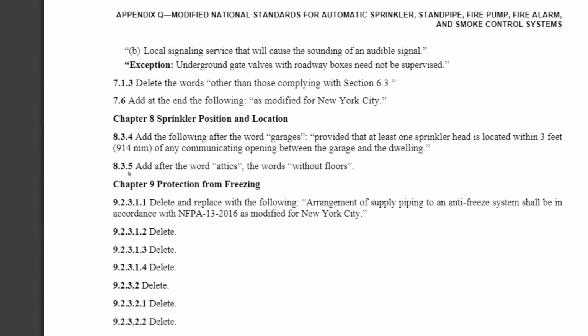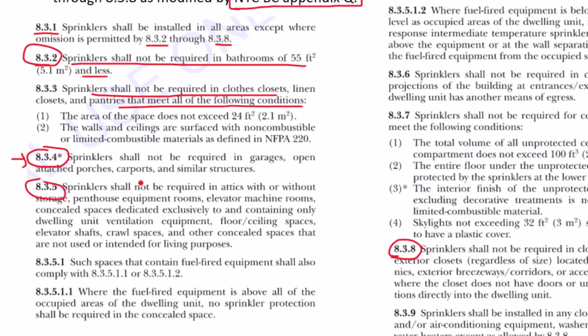And there's another one, 8.3.5 was amended to add after the word attics the words without floors. So this would basically read with the amendment that sprinklers shall not be required in attics without floors, with or without storage, penthouse equipment, as well as all this other information here.